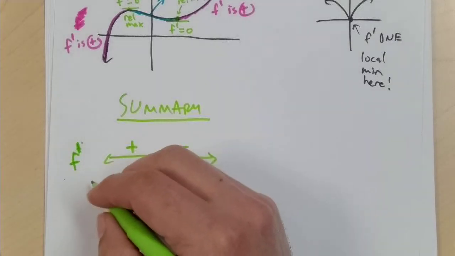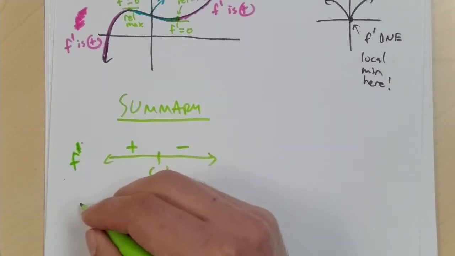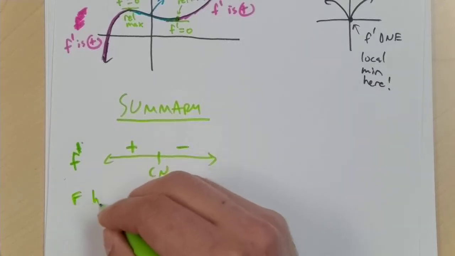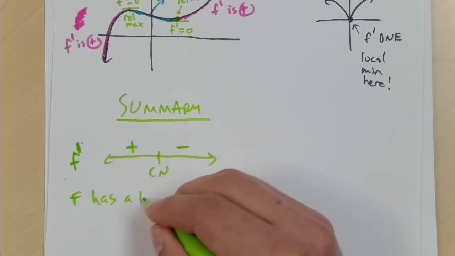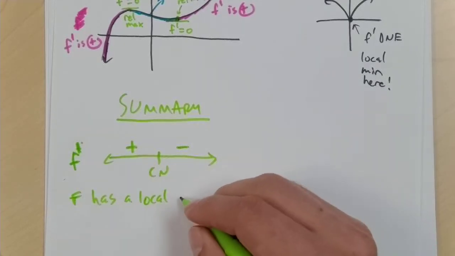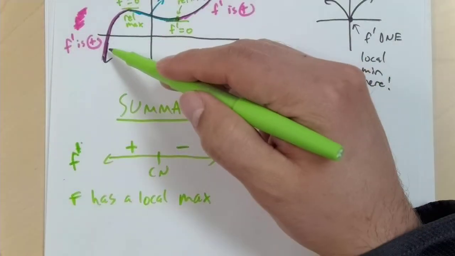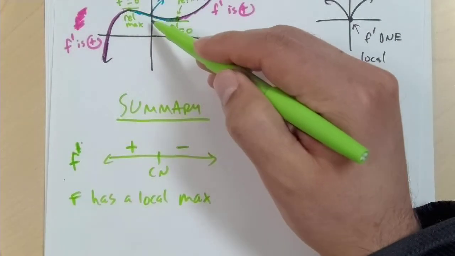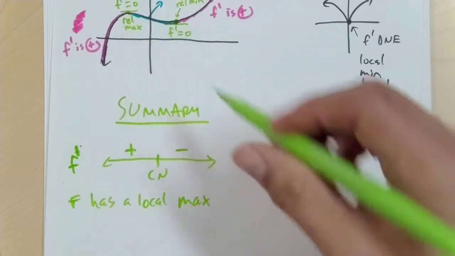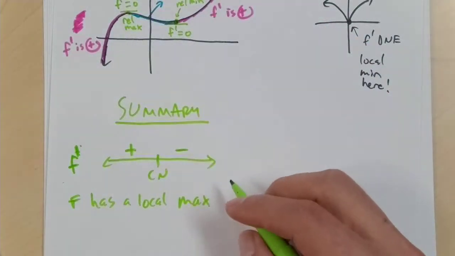If that's the case, then we say that f has a local max. Whenever it changes from positive to negative, like we did up here, that's a local max or a relative max.